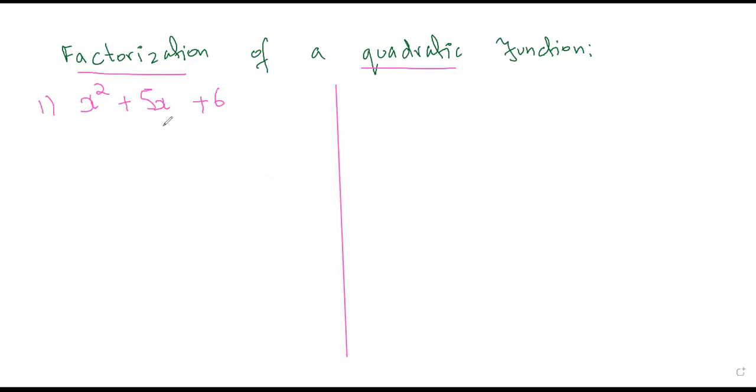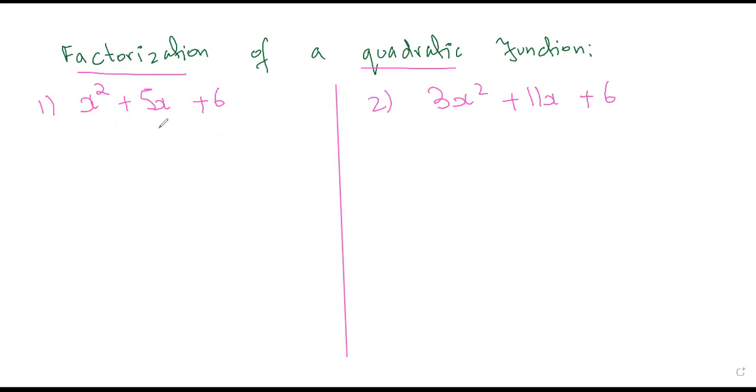So let's see how to factorize it. And another example is 3x squared plus 11x plus 6. Okay. So I have these two examples. Let's factorize them together. Okay, I'll tell you how to factorize such an expression.